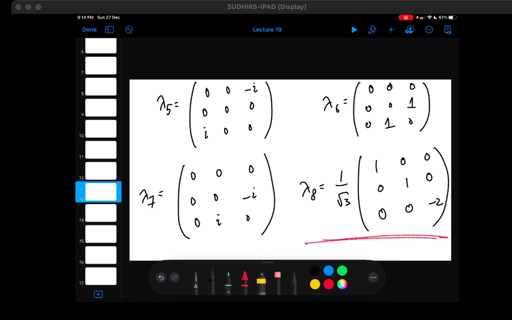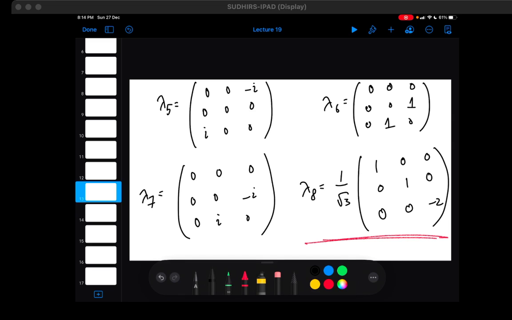Then if I remove the second row and second column, you can also have one more raising and lowering operator between 1 and 3, and that is given by 4 and 5.